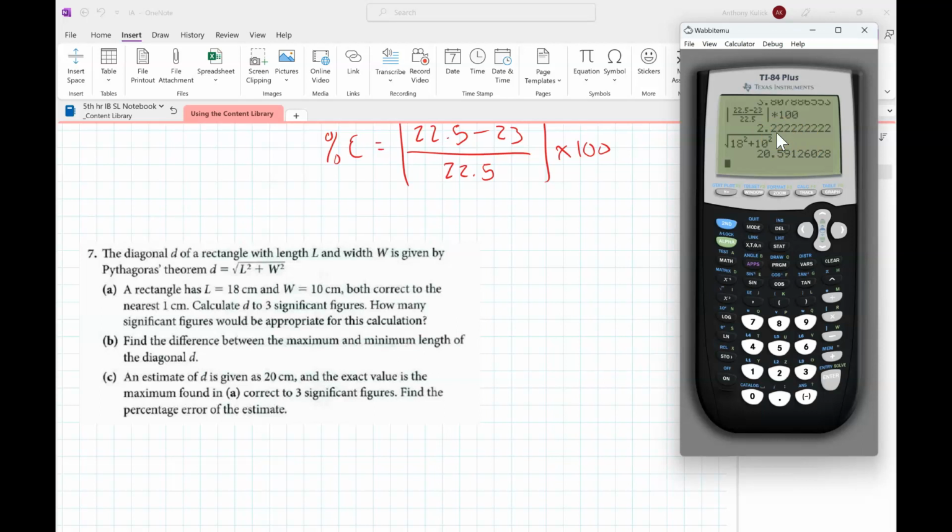From your science class, do you remember what the criteria is for rounding with significant figures? Just look at this real quick.